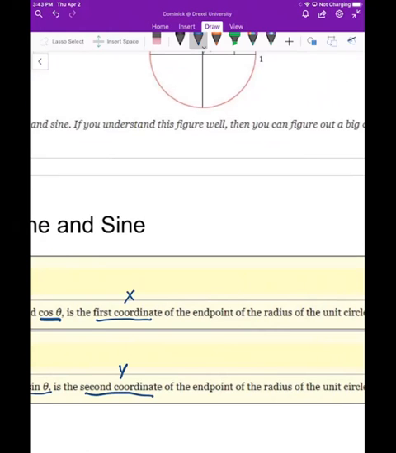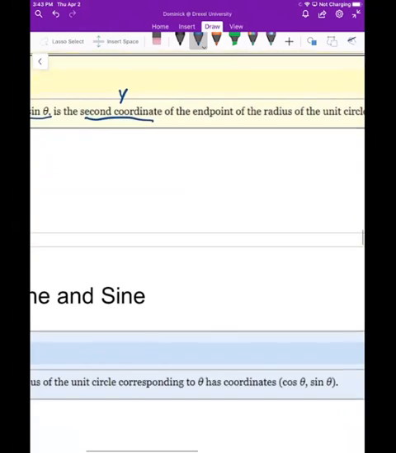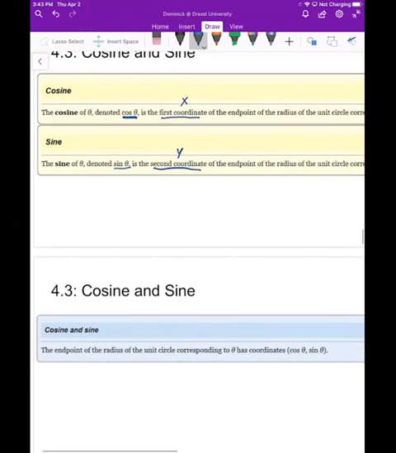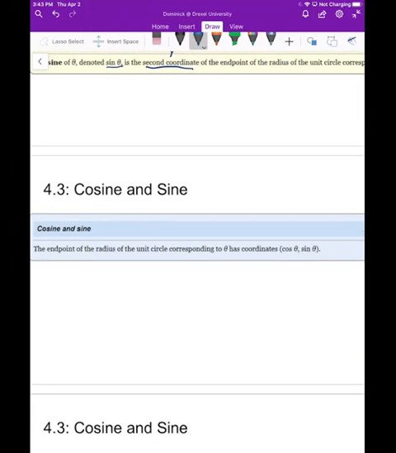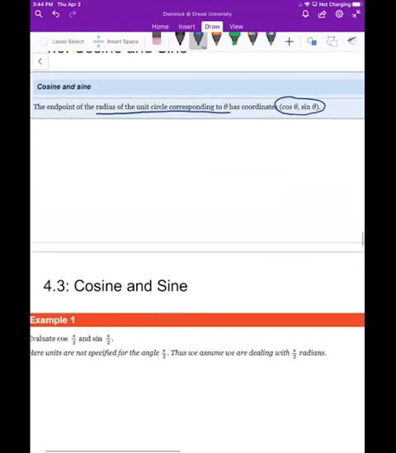And that's the y value of the endpoint on the unit circle, okay? And a nice way to summarize this is that the endpoint of the radius of the unit circle corresponding to theta, if your theta is in radians, is the point cosine theta, sine theta. All right. Now, as long as your calculator is set to degrees, you could also do this for degrees as well, but most of the time we assume that this is in radians.